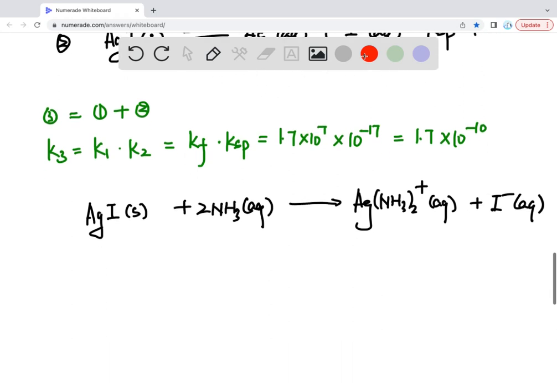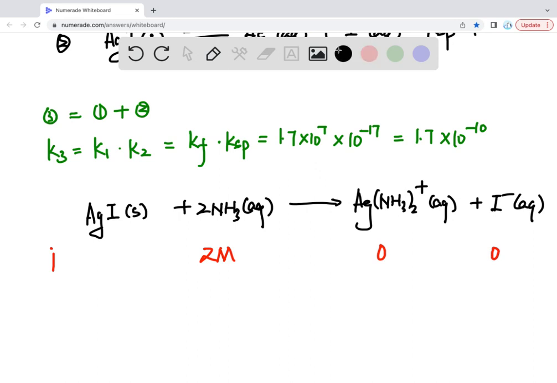To calculate the solubility in the equilibrium state, we need to draw the ICE table. Initially, we leave the solid here. It says initially you have the 2 moles of the ammonia solution, and you don't have any ammonia complex, and you don't have any silver here.